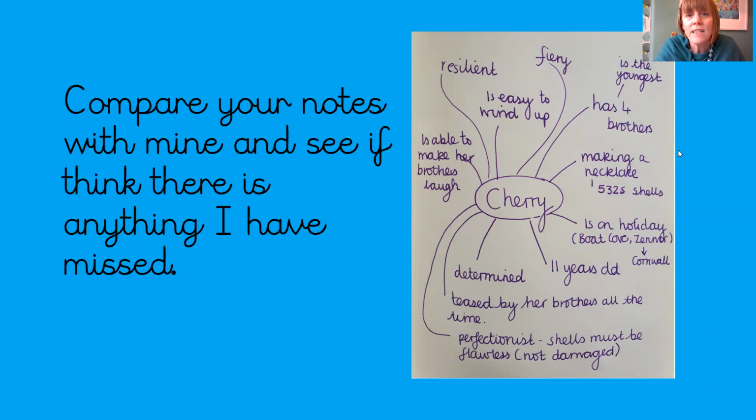I've put she's easy to wind up. So I think her brothers like to tease her quite a bit. She seems quite fiery, so she quite likes to sort of play fight with them. I've also written that she's a perfectionist. She doesn't want any shells that are damaged at all. She wants them all to be flawless. So there's just a few of the things that I've put down, but I'm sure you've managed to think of lots of other things.